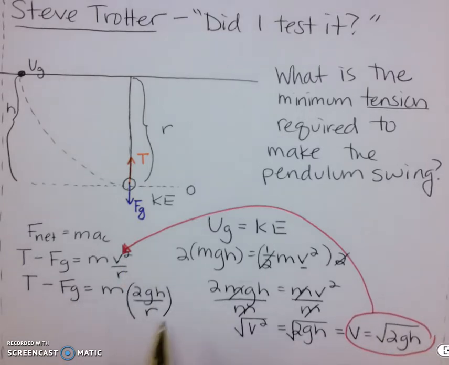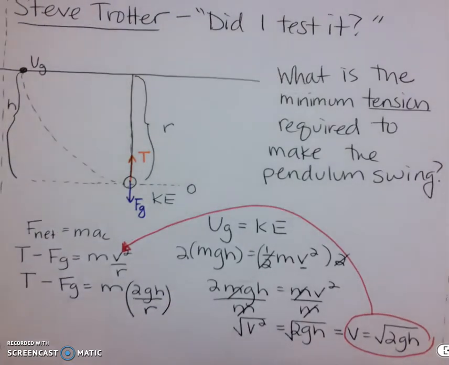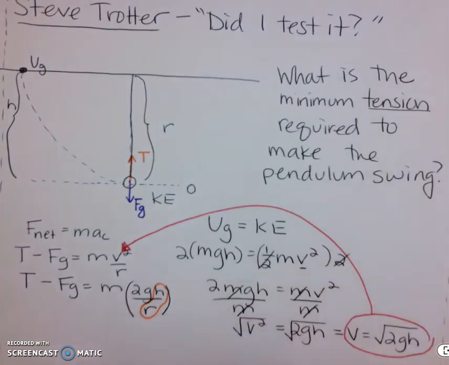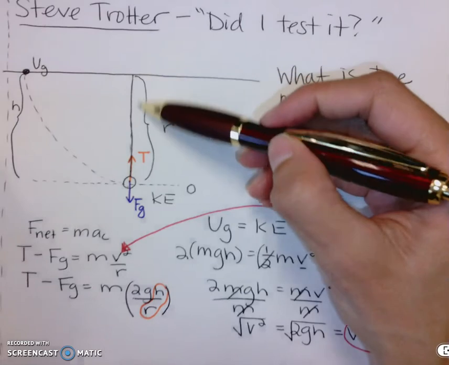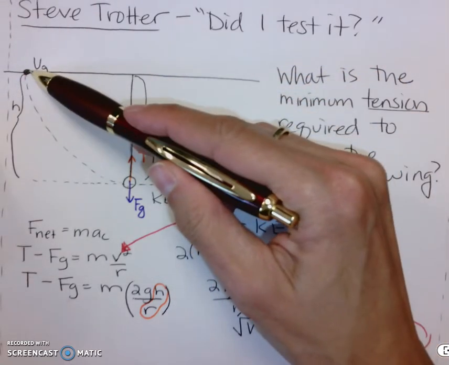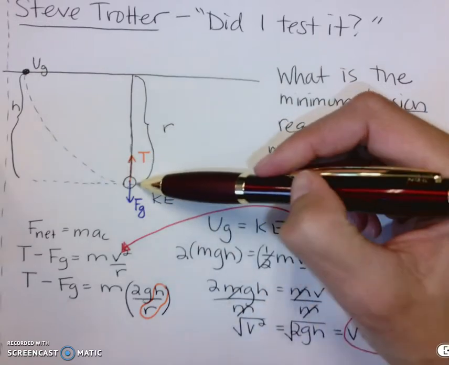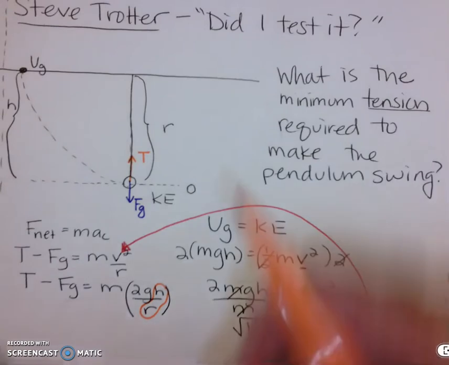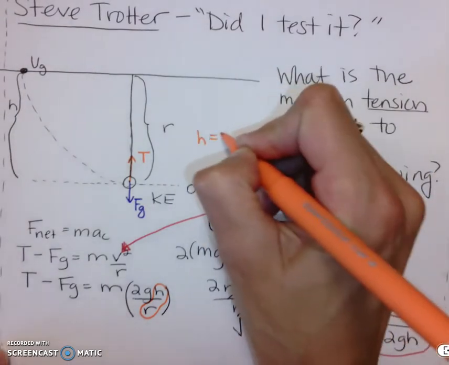What do I know about h and r? What do I know about these guys? Well, if I take a look at this picture that I drew here, r is the length of the pendulum, and h is the length from the bridge to the bottom of the swing, and they are one and the same. So h is equal to r.